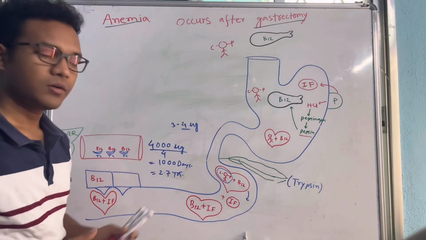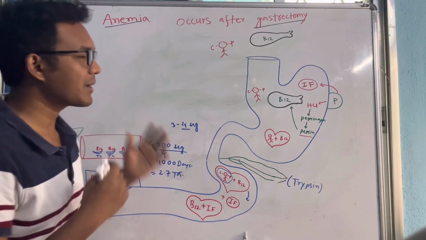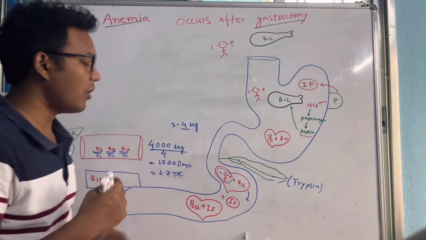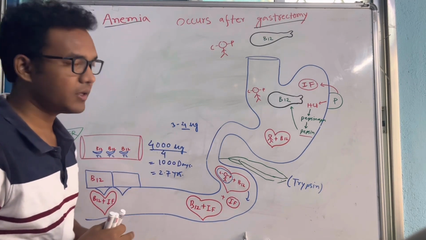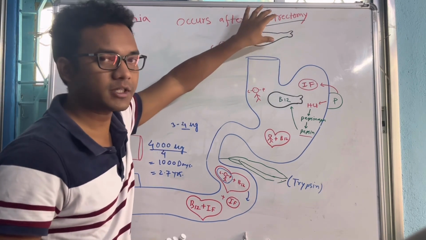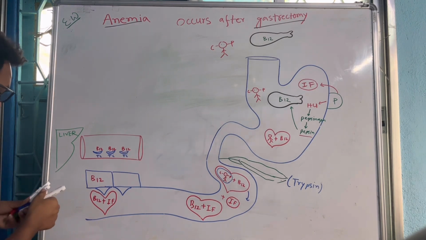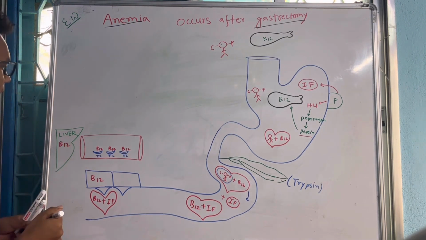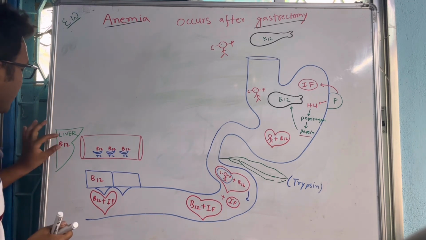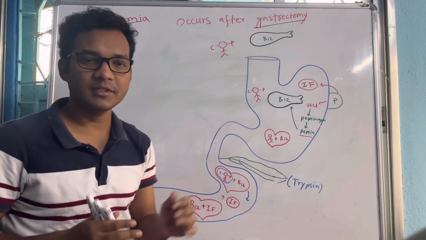Clear? Now we can relate that the deficiency related to vitamin B12 will occur after 2 to 3 years of stopping intake of vitamin B12. Clear? Now B12 is stored inside the liver, and we know that vitamin B12 is necessary for production of RBC.